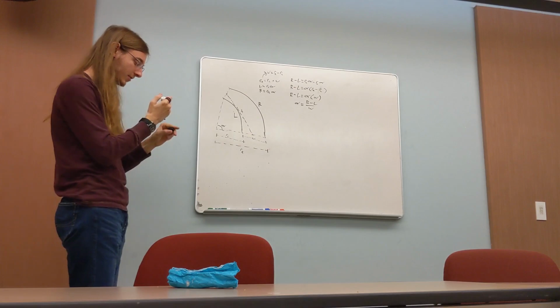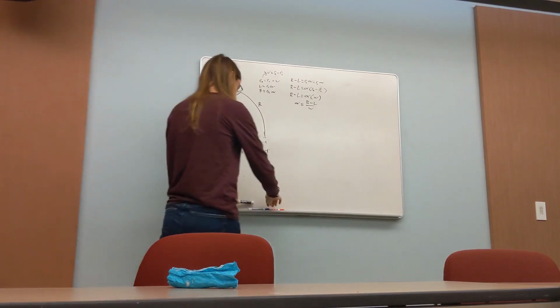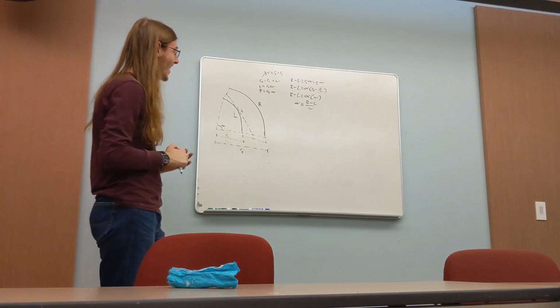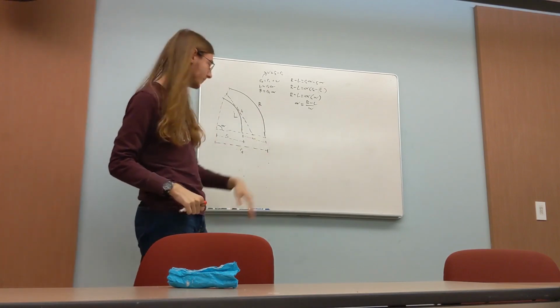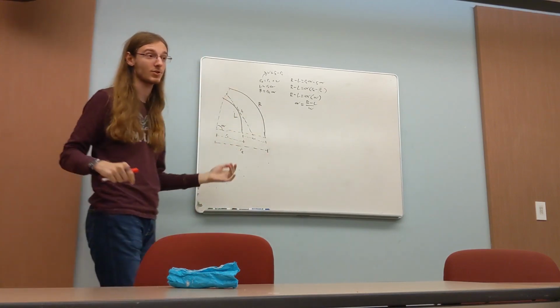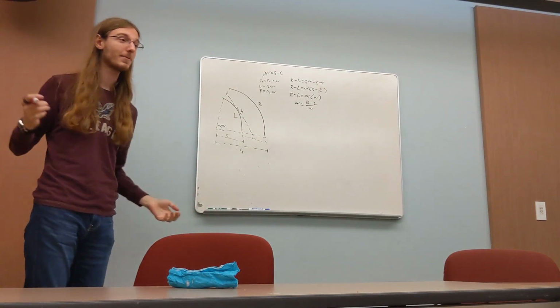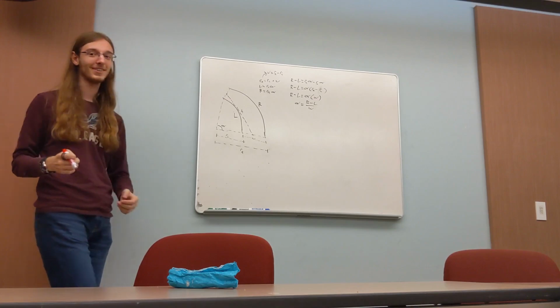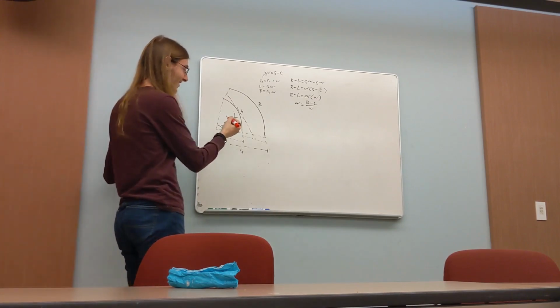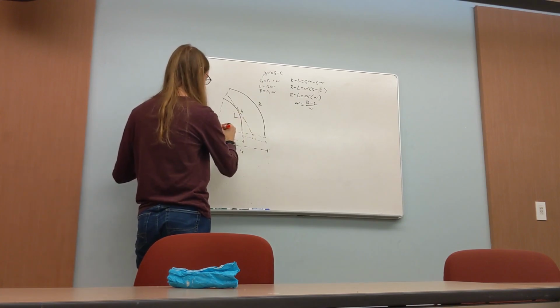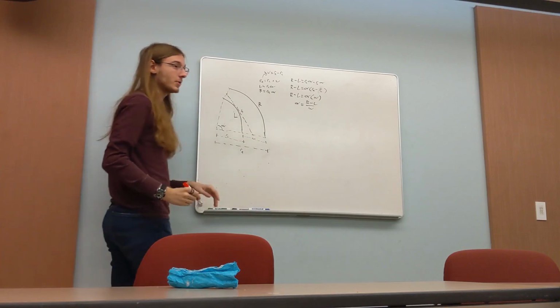Okay, so I'm actually going to switch colors now for a reason that will be apparent eventually. But now that we have alpha, we can start trying to find h. So how might we do this, one may ask? Well, let's find out. So we can start by splitting up this triangle into two triangles.